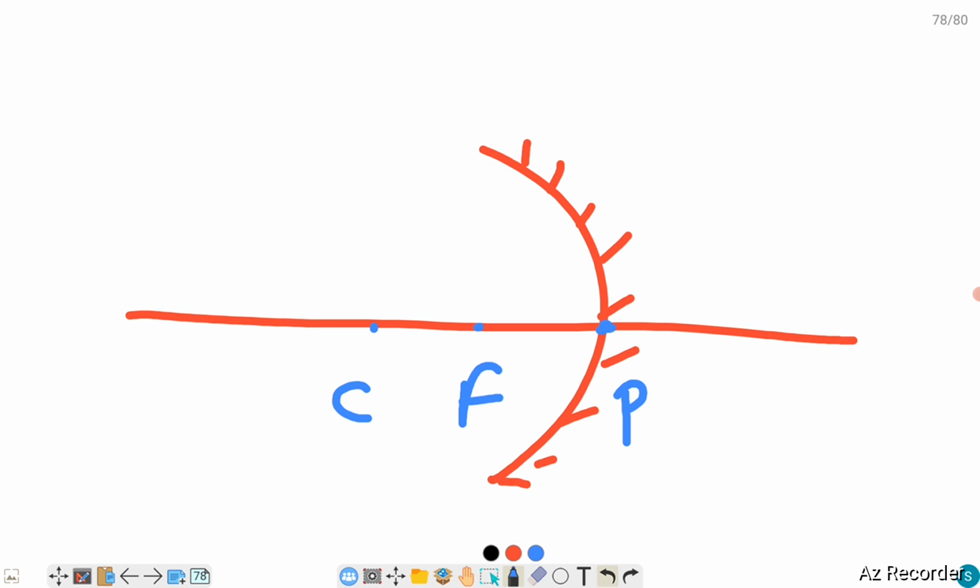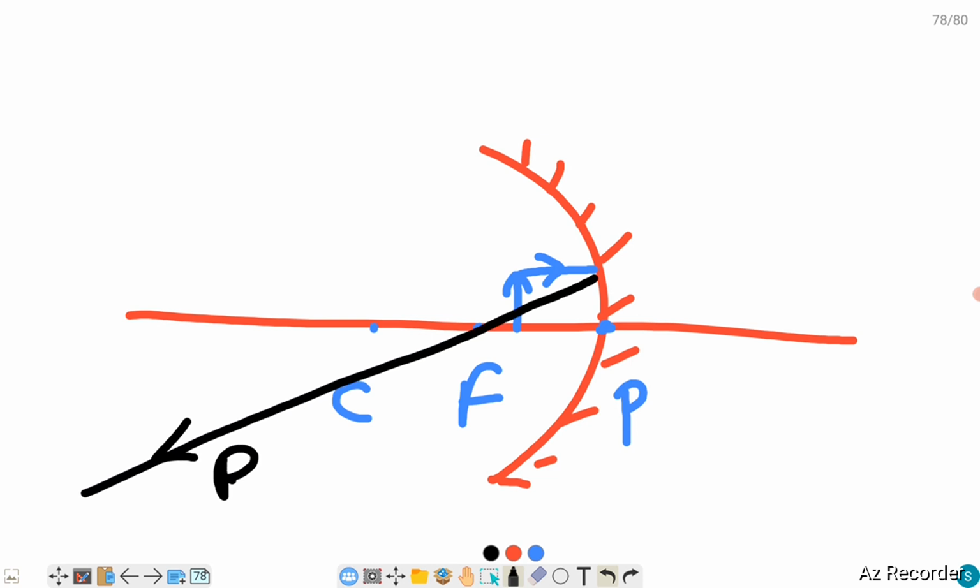Then I am placing the object between focus and pole. What is the first ray? A ray parallel to the principal axis. After reflection, it passes through focus. This is the first reflected ray.